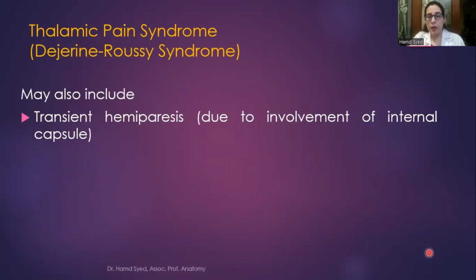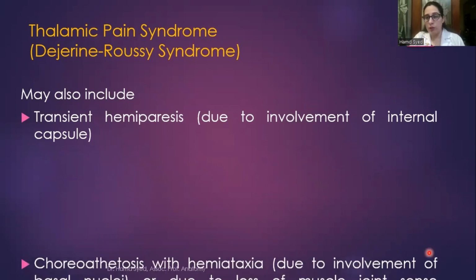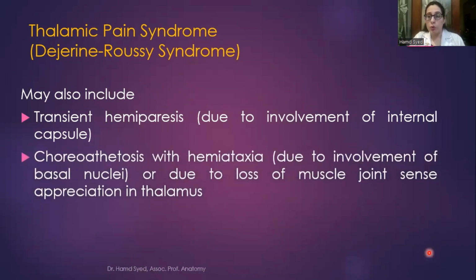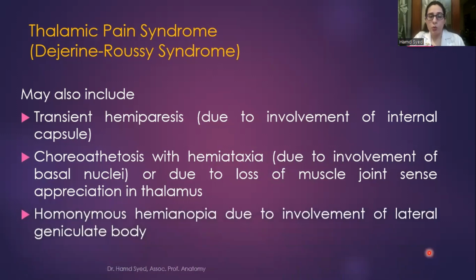This syndrome can also include other presentations such as temporary hemiparesis, due to involvement of the internal capsule, and it could also be because of the involvement of the basal ganglia. Choreoathetosis with hemiataxia, that is due to loss of muscle joint sense, and also homonymous hemianopia due to involvement of the lateral geniculate body. These are also the different signs and symptoms which might be involved in the thalamic pain syndrome.